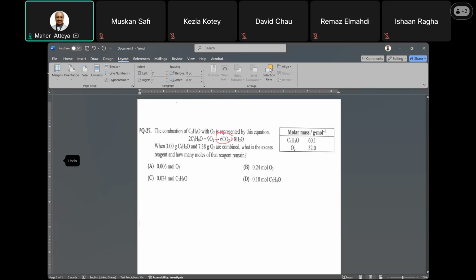Then I will write the moles of CO2 based on the organic, C3H8O. So you start with whatever is given to you.